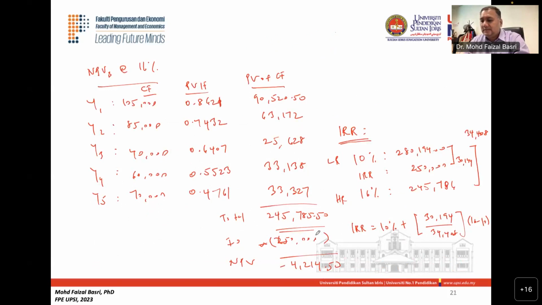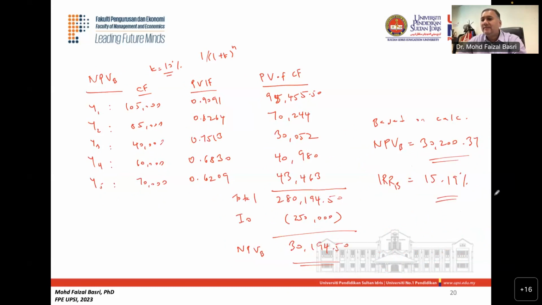So it's 30,194 divided by 34,408 times 6%. Difference time 16 minus 10 is 6% kan? So times 6%, you get 5.27%. So when you combine, it will be 15.27%. So this is your IRR, 15.27%.